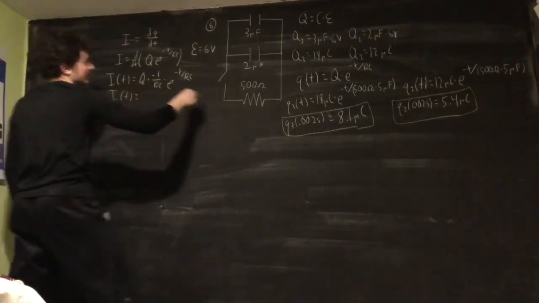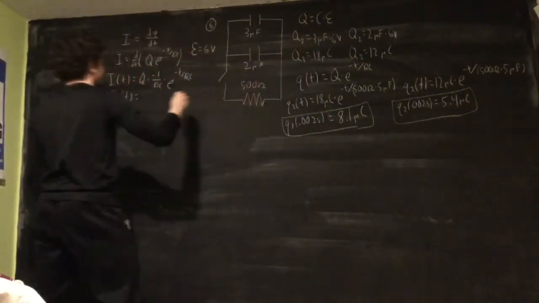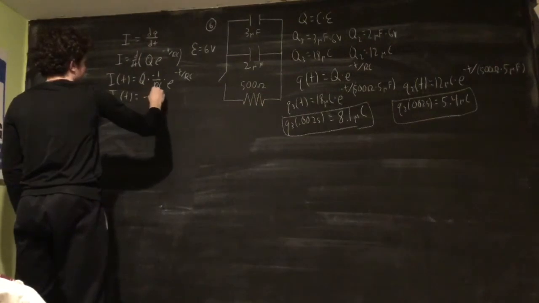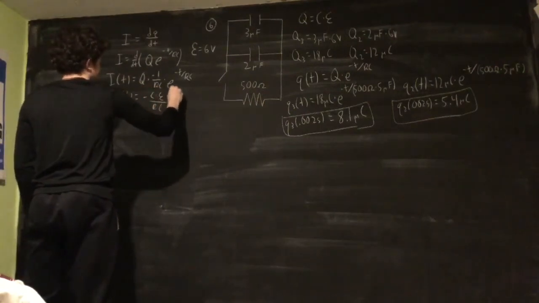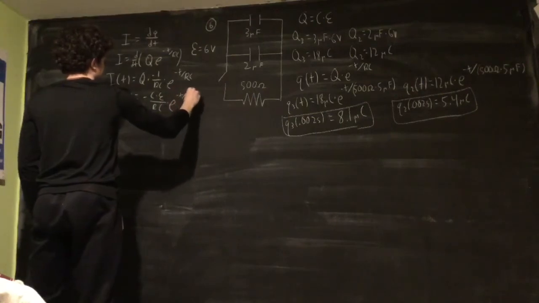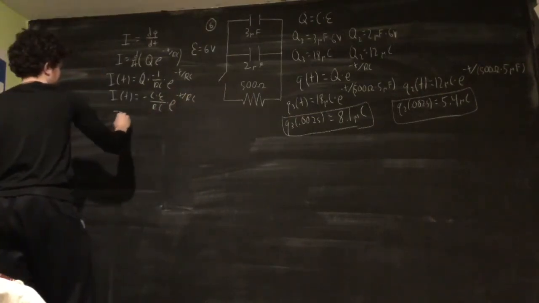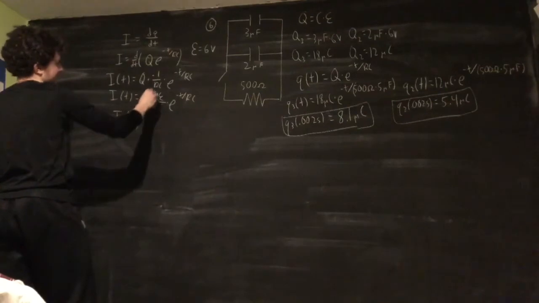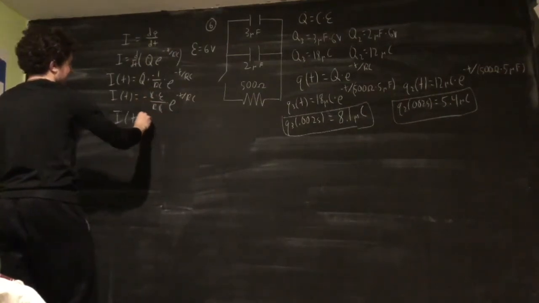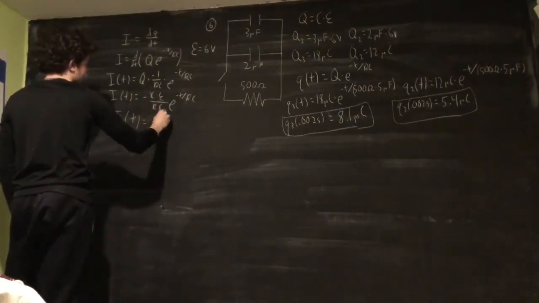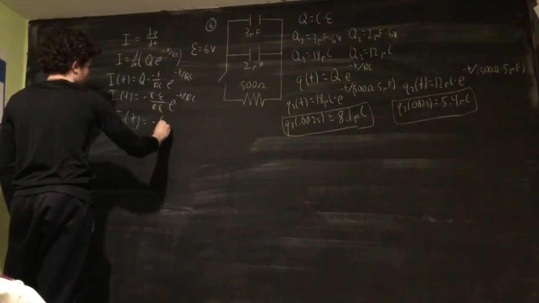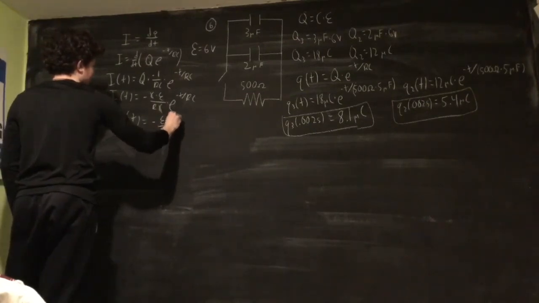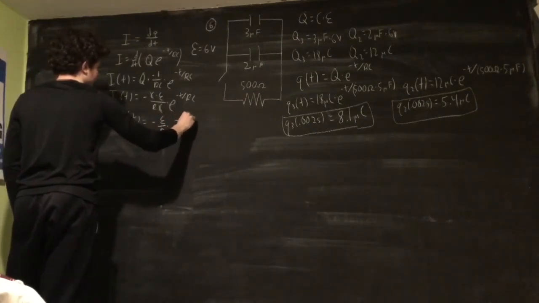Q, we determined over here, was the capacitance times the EMF. This means that the capacitance here cancels out. So what we would get is negative the EMF over the resistance times E, the negative T over RC.